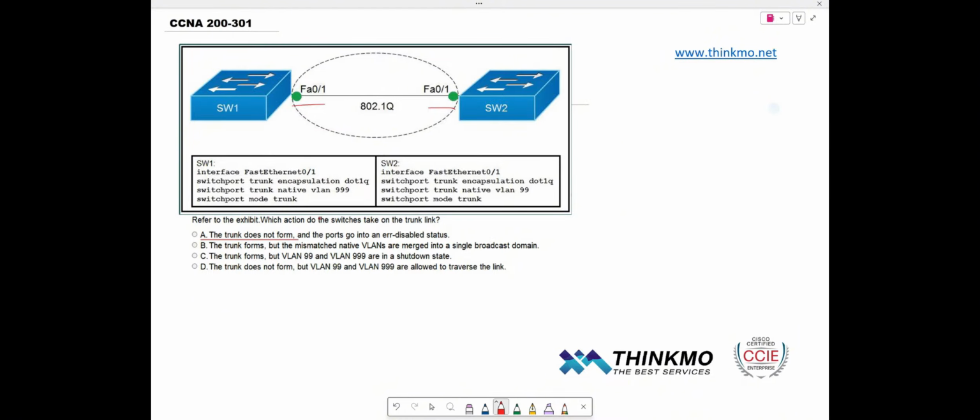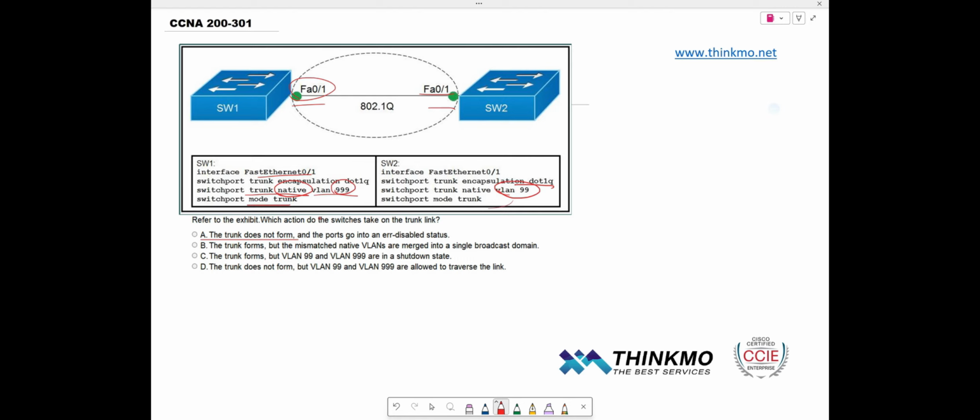Let's compare the configurations of these two. First, this is called the GigabitEthernet interface 0/1. And over here it's also 0/1. And its encapsulation is dot1q. As for the native VLAN, this side is 999, and over here is 99.